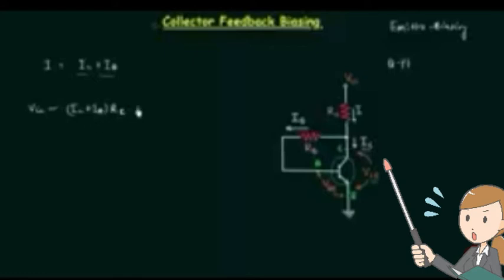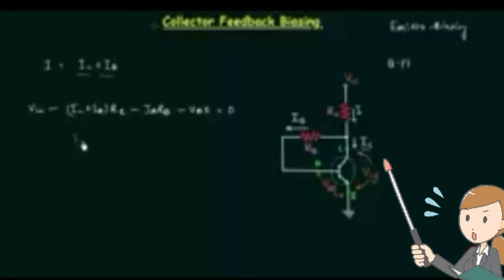So we have (IC plus IB) multiplied with RC, minus IB multiplied with resistance RB, the drop across the resistance, minus VBE equal to 0. So this is the equation, and we will try to calculate the current IB using this equation.